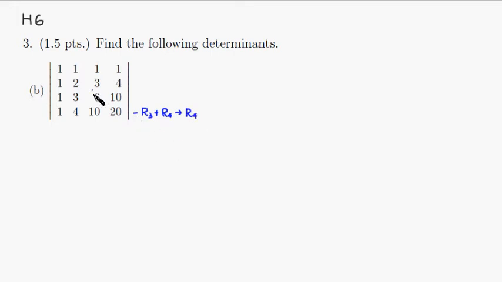Then we do the same thing: multiply row 2 by -1 and add it to row 3, and that will be the new row 3. For row 2, we multiply row 1 by -1 and add it to row 2. That's going to be our new row 2. Once you've done that, you're going to get this.